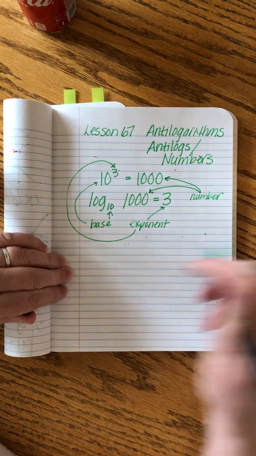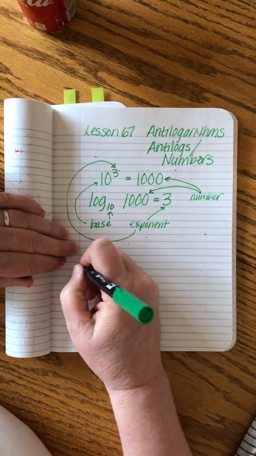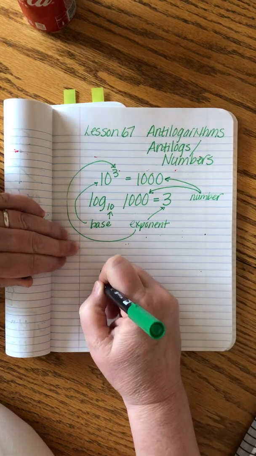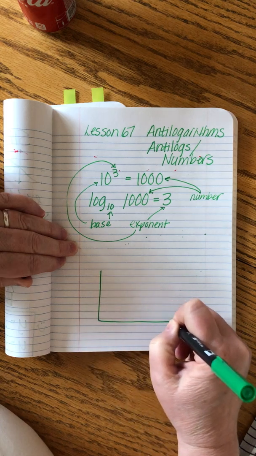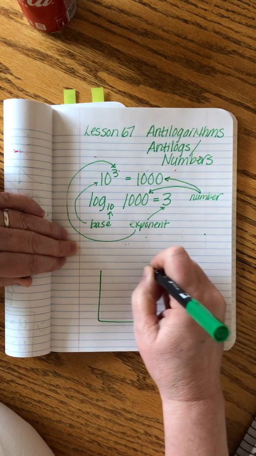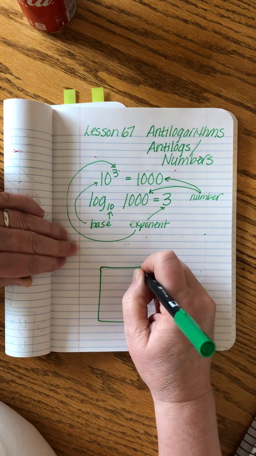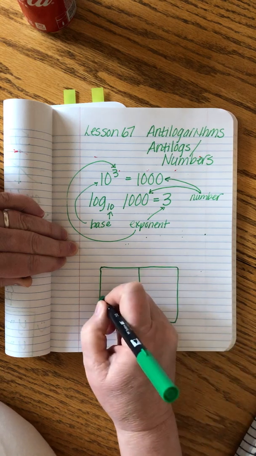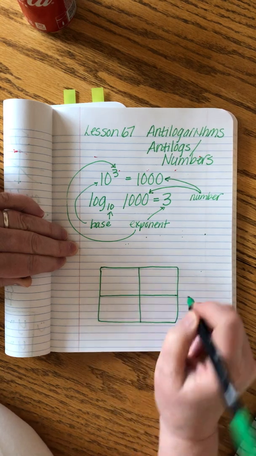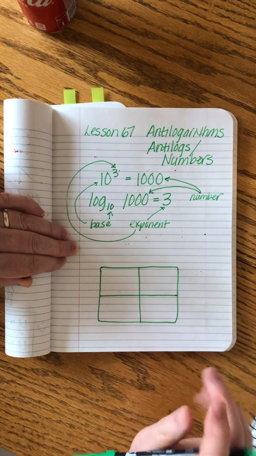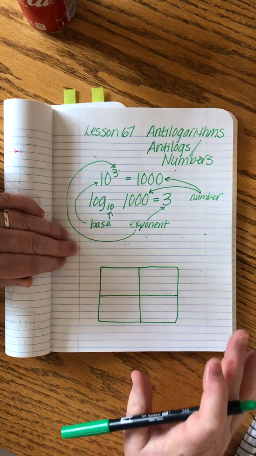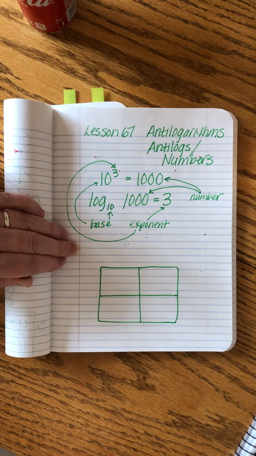And in order to do that, I want to refresh you on the 4 keys of the calculator that we use for log calculations. So I don't have my calculator in front of me because it is currently being a camera. So here are the 4 buttons on a scientific calculator that you're using for these operations.